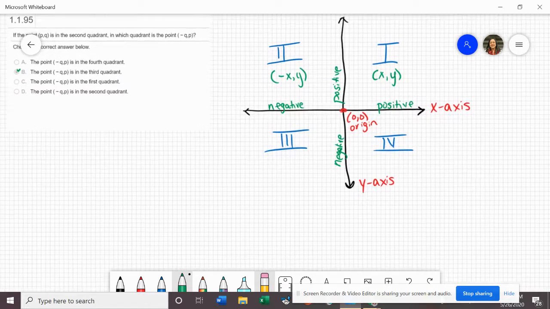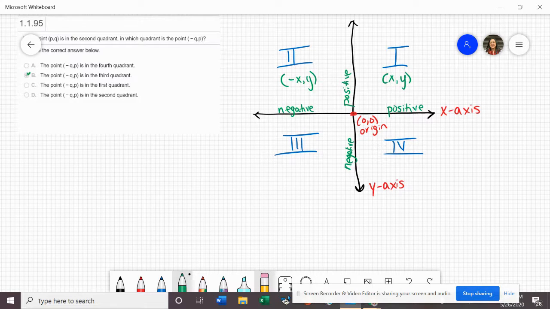All right, so let's use all of this information to determine what my ordered pairs would look like. In this third quadrant, because I'm still on the left side of the origin on the x-axis, my x values are going to be negative, and because I am below the origin, my y values are going to be negative.